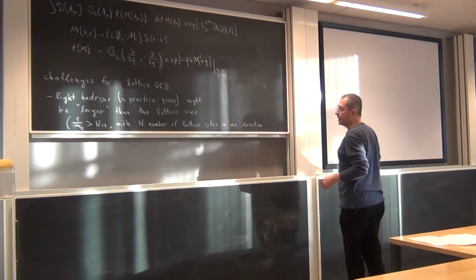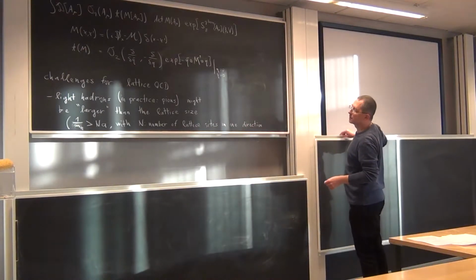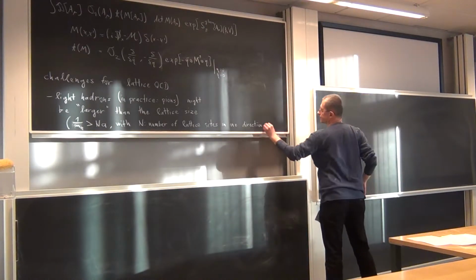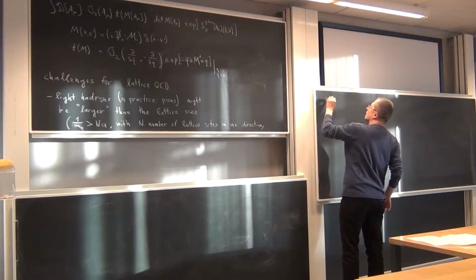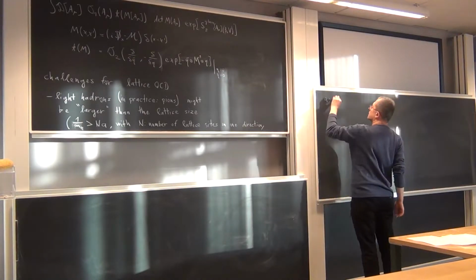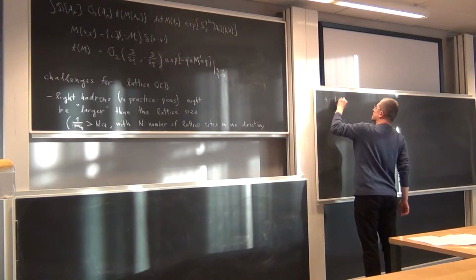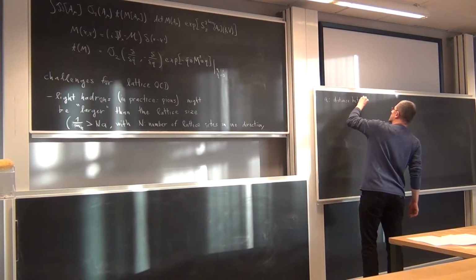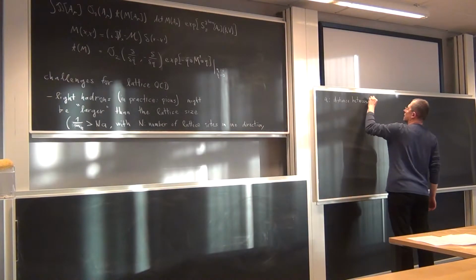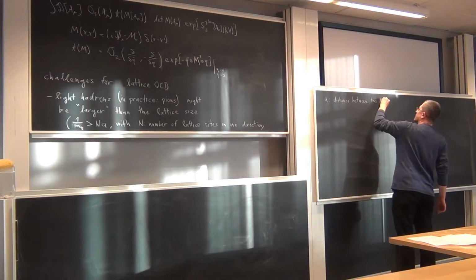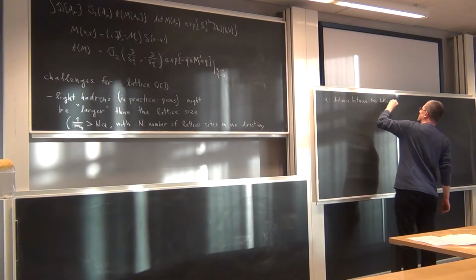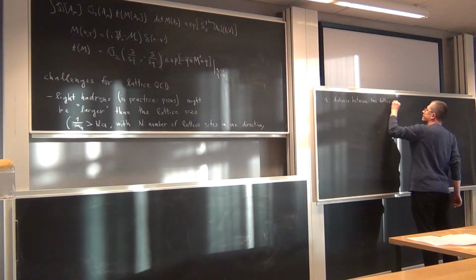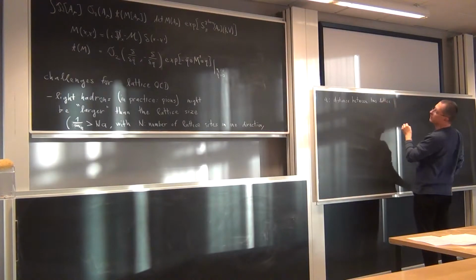And a is the distance between 2 lattice points.